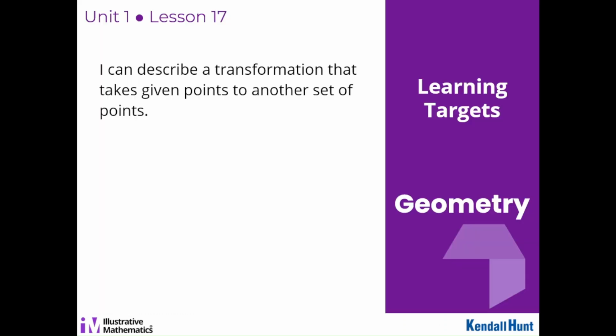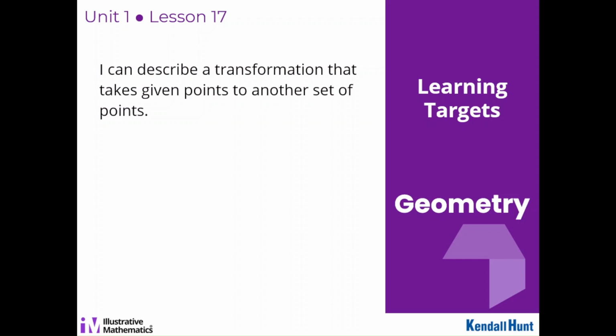We have one learning target. When we get done with the practice problems, we'll come back and review this learning target to ensure you learn everything you need to from this lesson to be prepared moving on to future lessons. So the learning target for today's lesson says that you can describe a transformation that takes given points to another set of points.